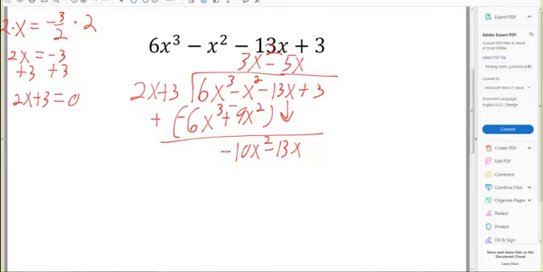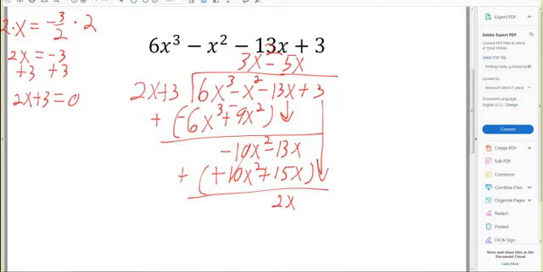Multiply that out, so we're going to multiply negative 5x by 2x, which is negative 10x squared. And then negative 5x times 3, which is negative 15x. Put parentheses around it, subtract it, change the symbols, change that to a plus, and we get 0. Negative 10 plus 10x is 0. Negative 13x plus 15x is 2x.